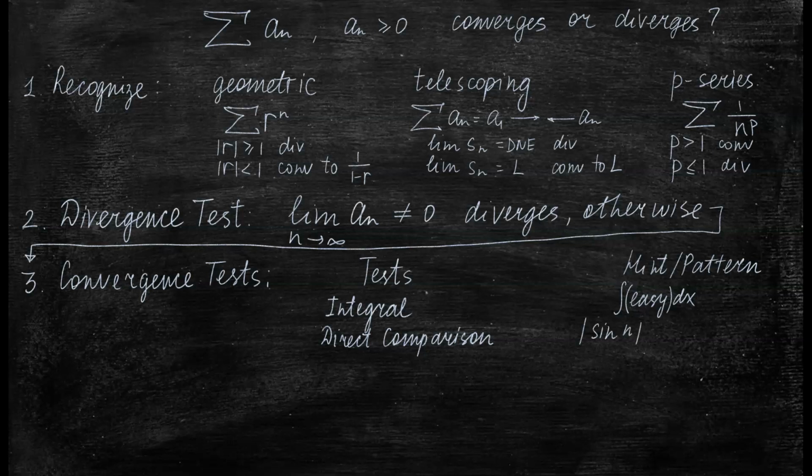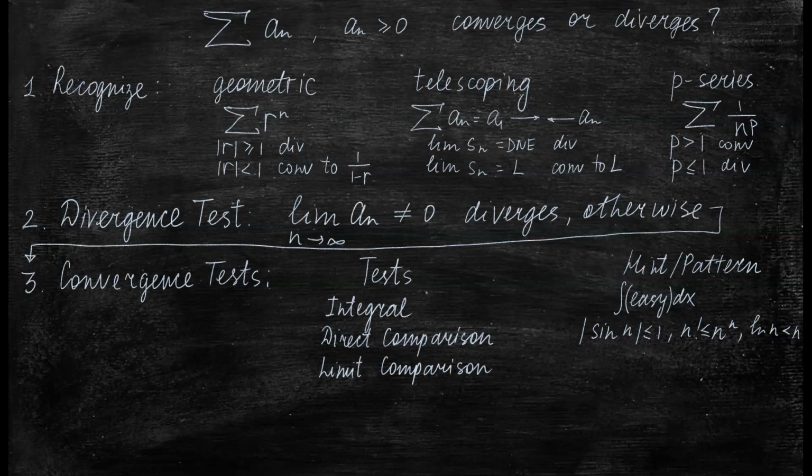And here are some of the common inequalities that are used to recognize a problem that is good for direct comparison. Again, direct comparison is not the best test, and we have seen examples before when it doesn't work, but the limit comparison test does work.